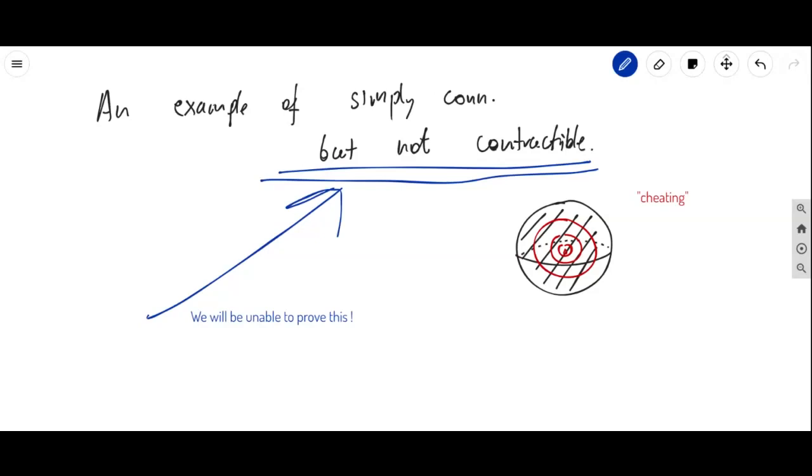The reason is that if it were contractible, the fundamental group of the sphere at any point would be the fundamental group of a point, and the fundamental group of a point is trivial. That's the difficulty: a contractible space has a trivial fundamental group, and the two-dimensional sphere also has a trivial fundamental group. So if you're only using the fundamental group, it is not strong enough to show you why it's not contractible.